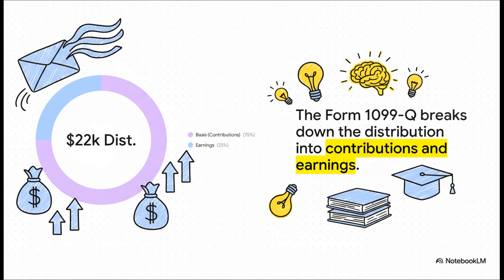So how do we figure that out? Well, you'll look at the Form 1099-Q you get from your 529 plan. Let's say, in this case, of the $22,000 they withdrew, $5,500 was from investment earnings. That means their account has an earnings ratio of 25%. So we just have to apply that same 25% ratio to our excess distribution.